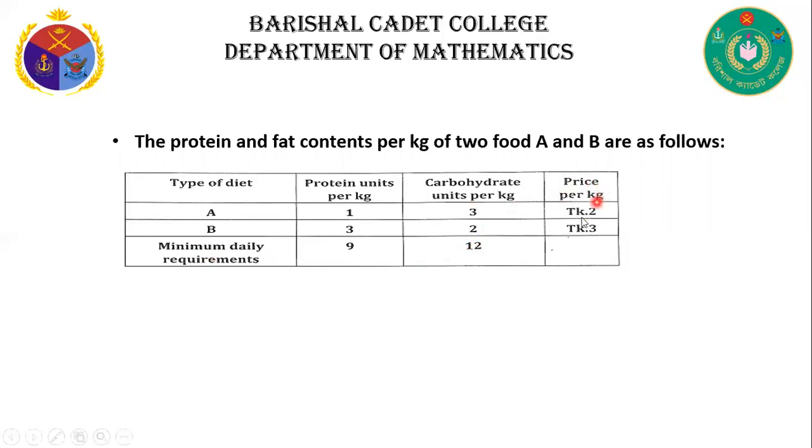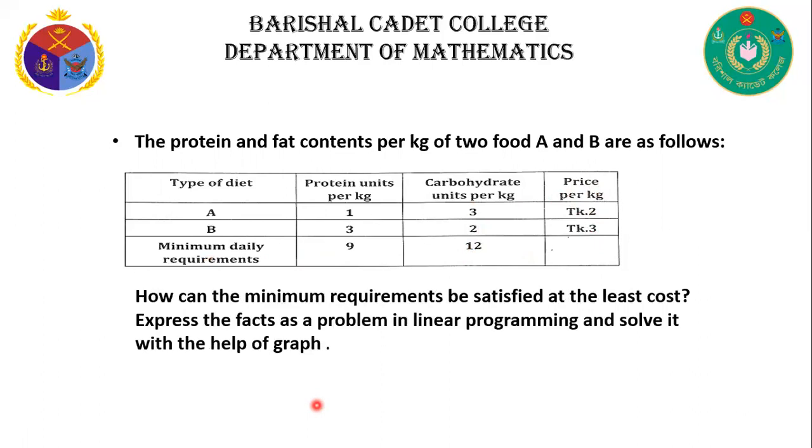And price per kg is 2 and 3. Now first formulate the linear programming problem, then solve it graphically. So how can the minimum requirement be satisfied at the least cost? Express the fact as a problem in linear programming and solve it with the help of a graph. So first formulate the linear programming problem.